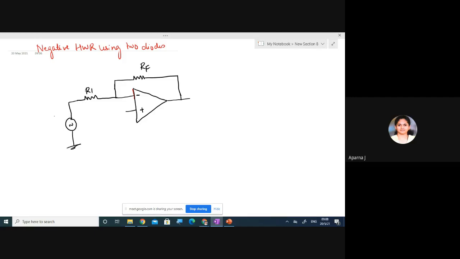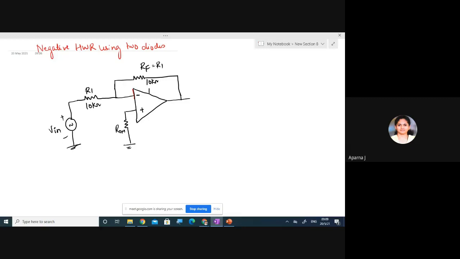I hope you remember this, and for which we are connecting a resistor which is ROM. I've taken R1 as 10 kilo ohm and RF as 10 kilo ohm. So both RF and R1 are the same here, which is an inverting amplifier, right?